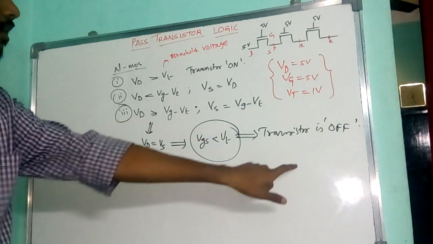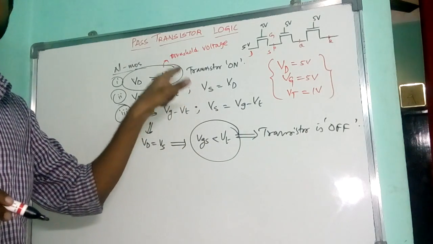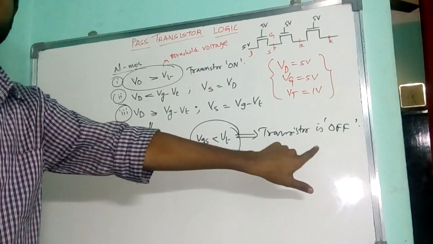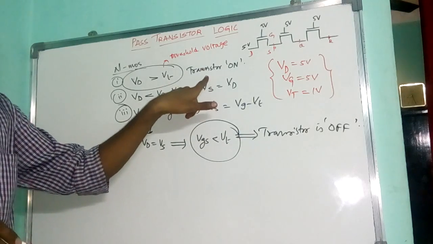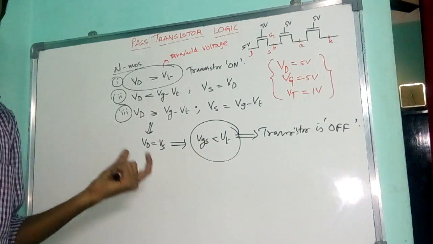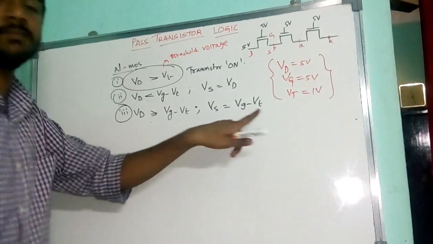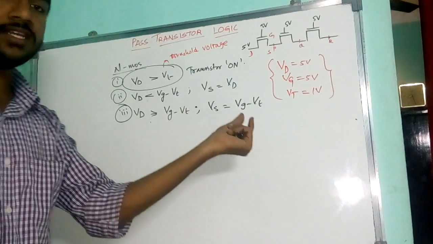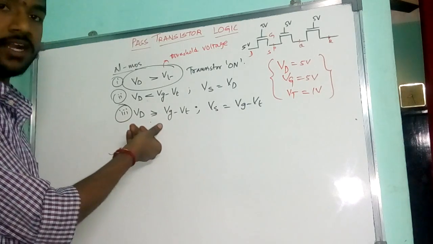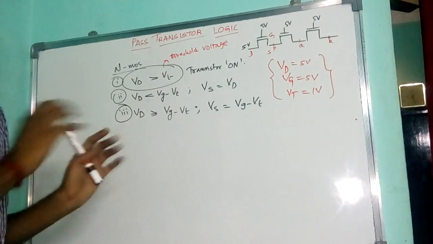But with this condition we have got the transistor on. This is a contradiction to the above statement. So for this condition to not be satisfied, we go for Vs equal to Vg minus Vt. These conditions satisfy this, so we follow Vs equal to Vg minus Vt in the second case.